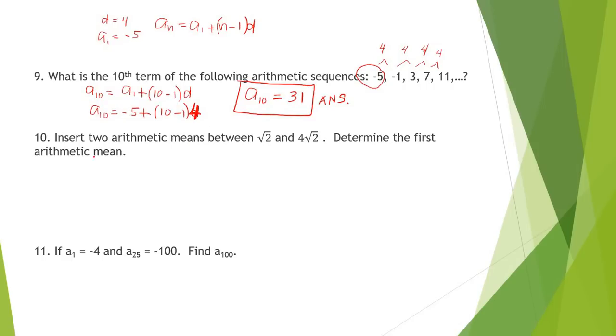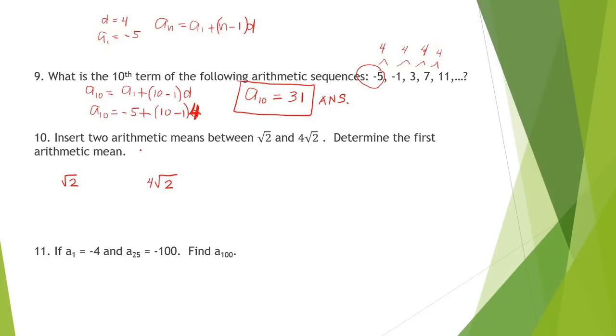Another illustrative example: insert 2 arithmetic means between square root of 2 and 4 square root of 2. Determine the first arithmetic mean. Okay, let us write our numbers. So we have square root of 2 and we have 4 square root of 2.